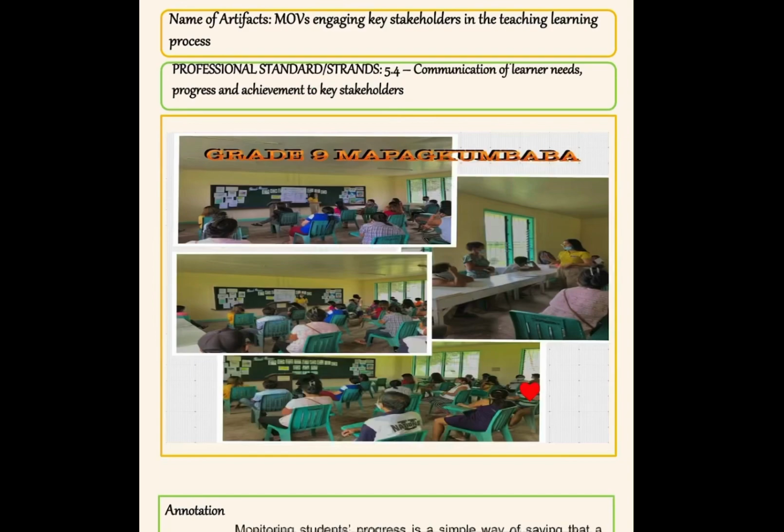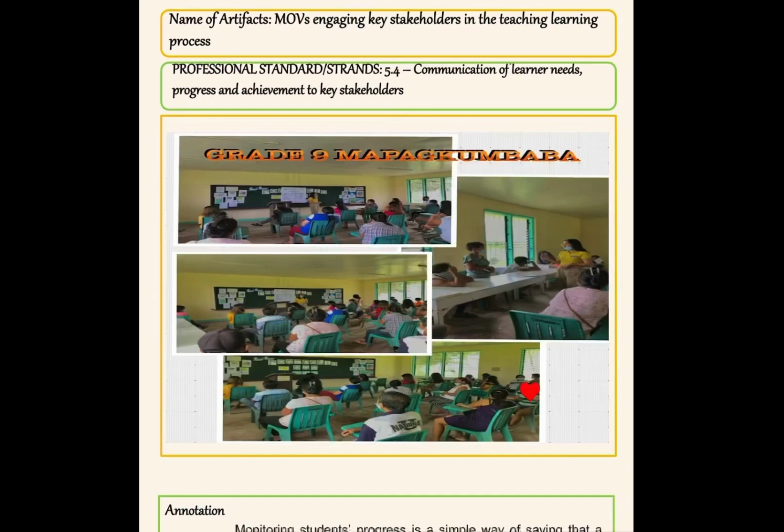For example here, sa kanyang professional standard or strand, communication of learner needs, progress, and achievement to key stakeholders. So, paano natin to ginawa? So, nilagay ko dito sa annotation kung paano ako nakipag-communicate sa mga magulang regarding the learner's needs, progress, and achievement.